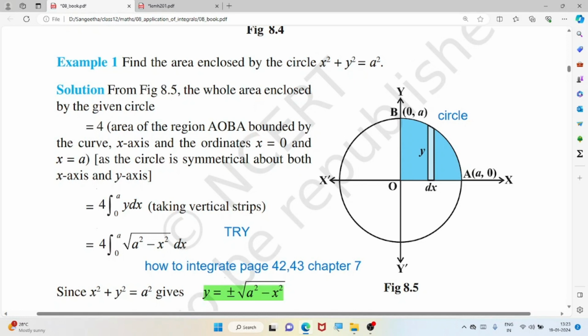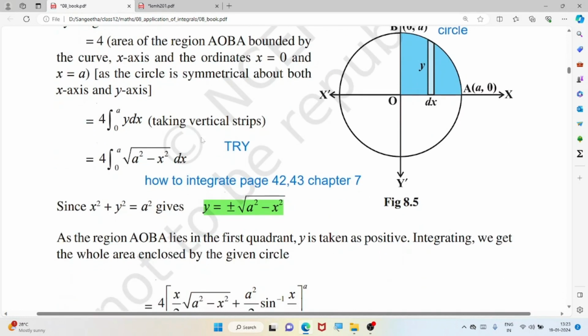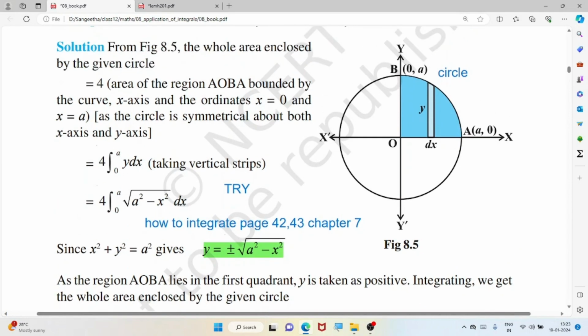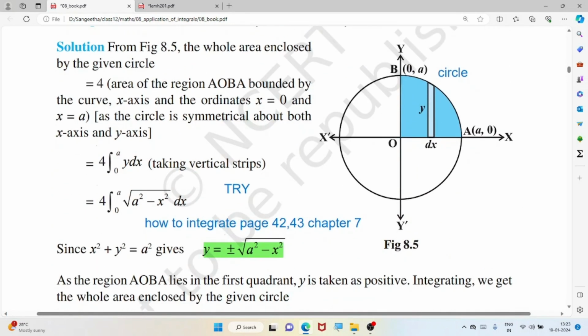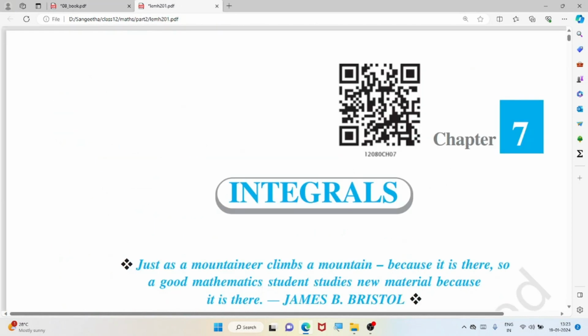They are asking to find the area enclosed by the circle, the whole circle. Now for y, from the formula y square equal to a square minus x square, y equal to square root of a square minus x square. That is why I said you should know integration first. How to integrate this, you can refer to the chapter, page 42, 43.